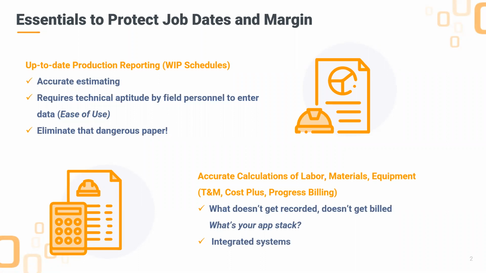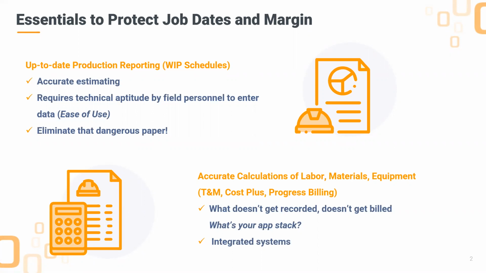So everything from double entry to miscoding things because we couldn't understand what was written on the piece of paper, or it was left in the truck or left in somebody's desk somewhere, right? So we find out about these later in the job oftentimes, and it steals margin from the job invariably.